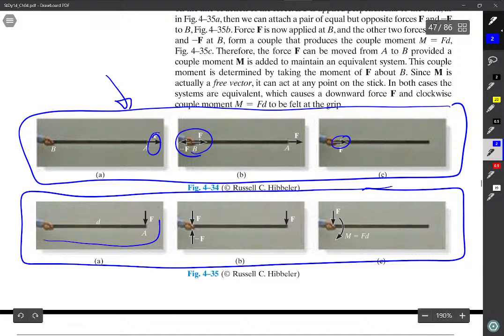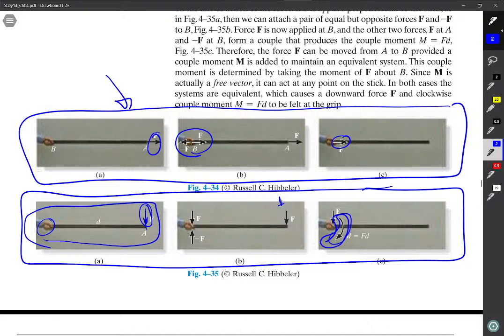This one's a little bit different. Take a long stick, put a weight at the end of the stick. This person has to not only hold that weight, but also offset the moment produced by this. In other words, if I put a 1 pound load here, that 1 pound would be easy to hold. But if I put this at a distance of 100 feet, that would be really hard to offset that moment.